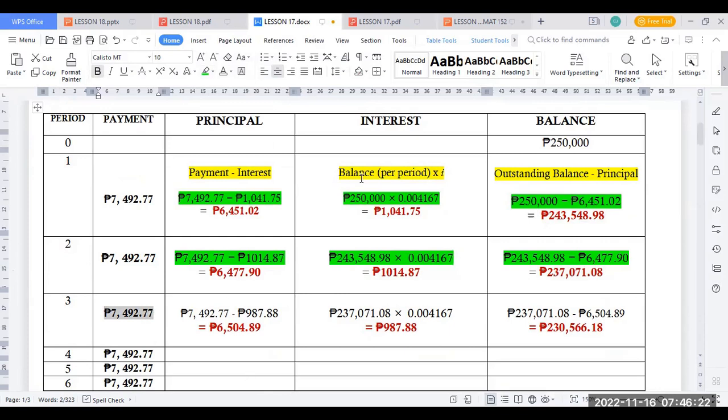okay, so your payment is 7,492.77. And then, compute natin si interest. So, your balance sa period 2 is 237,071.08 times the interest, which is 0.04167. And that is equal to 987.88.